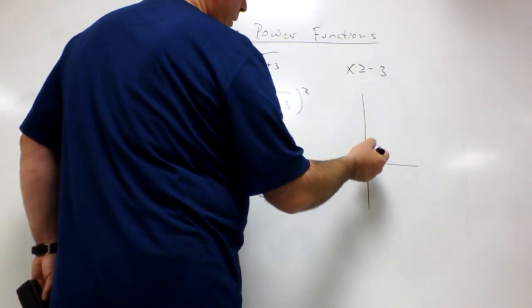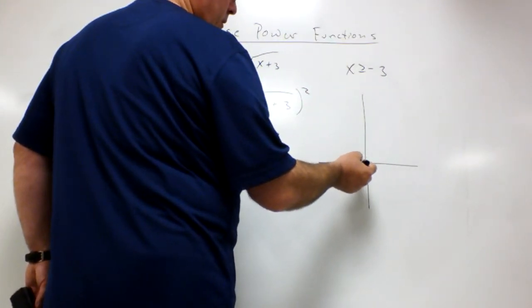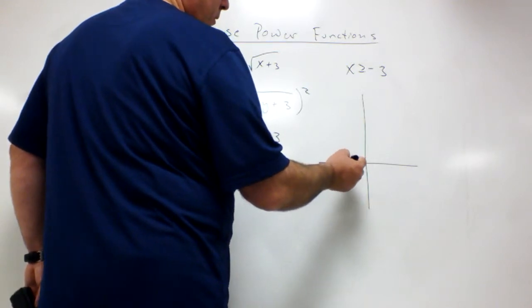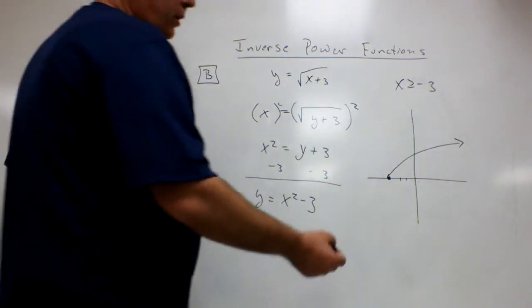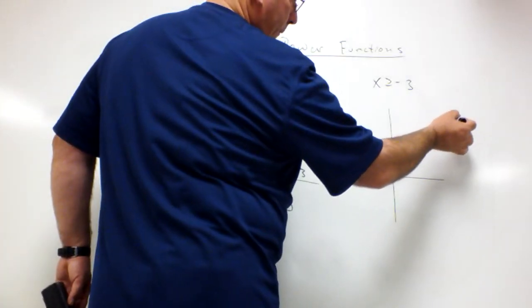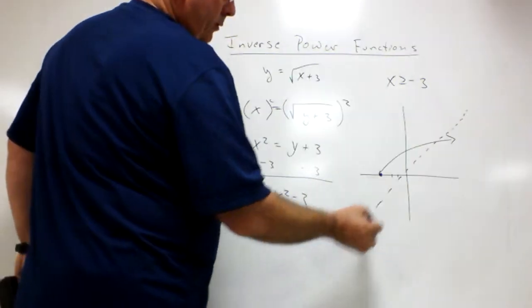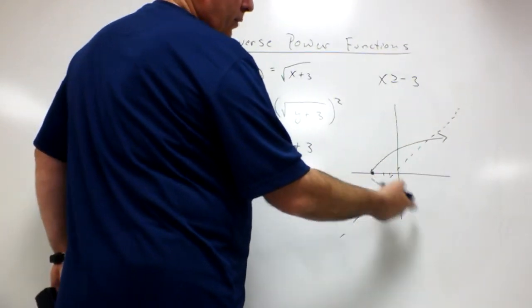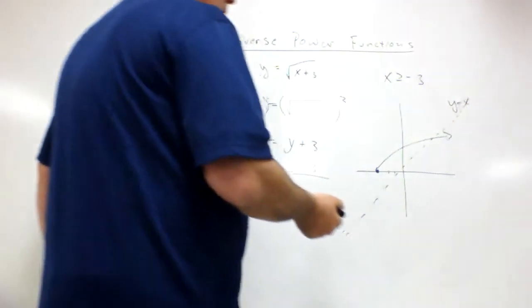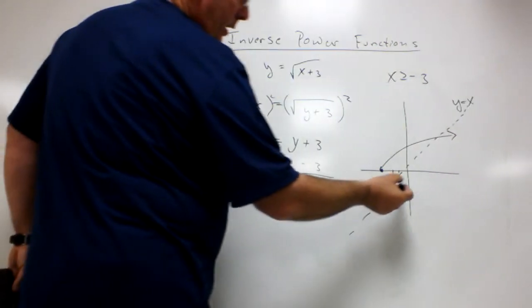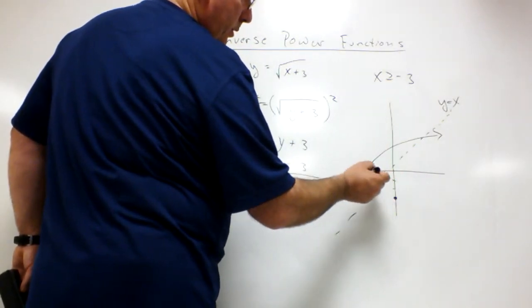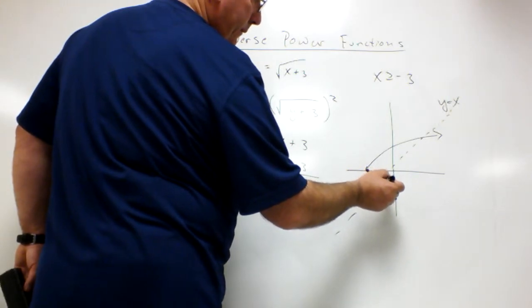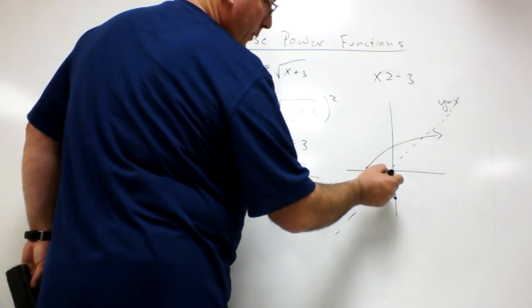So if we go to x greater than or equal to negative 3, we start here, and our graph is going to look something like this. With an inverse function, what we're really doing is reflecting these graphs over the line y equals x. So we want our graph to start perfectly opposite it, at a right angle to this line, for it to be the inverse graph.